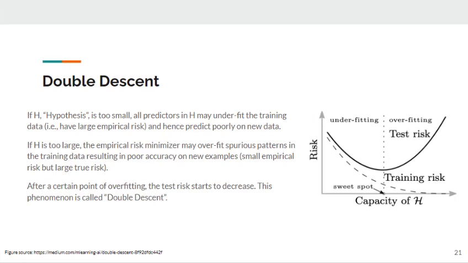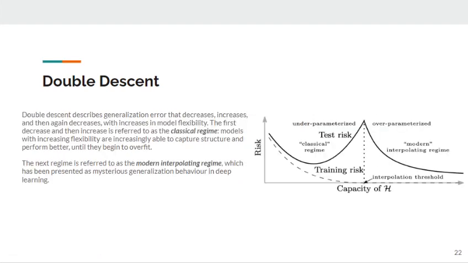We see that practitioners use larger and larger neural networks to improve test accuracy, and on this curve, after a certain point of overfitting, it's found that the test risk again starts to decrease. This phenomenon is called double descent. Double descent describes generalization error that decreases, increases, and then again decreases with increase in model flexibility.